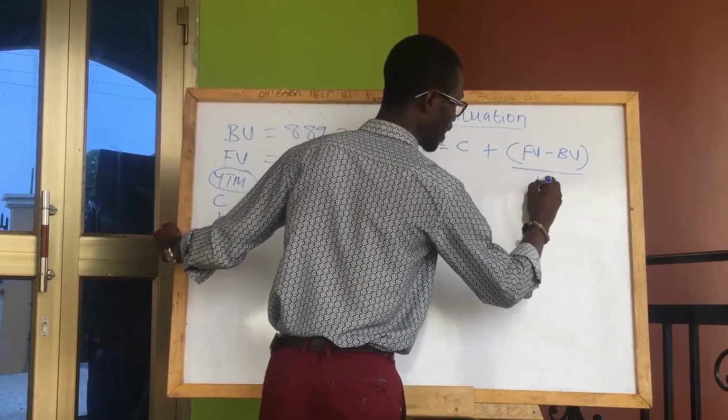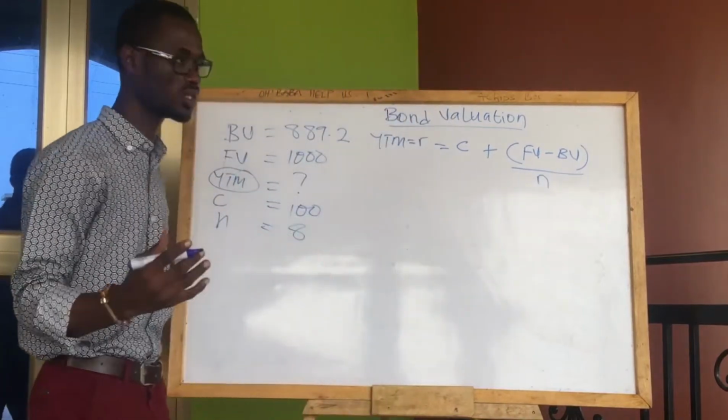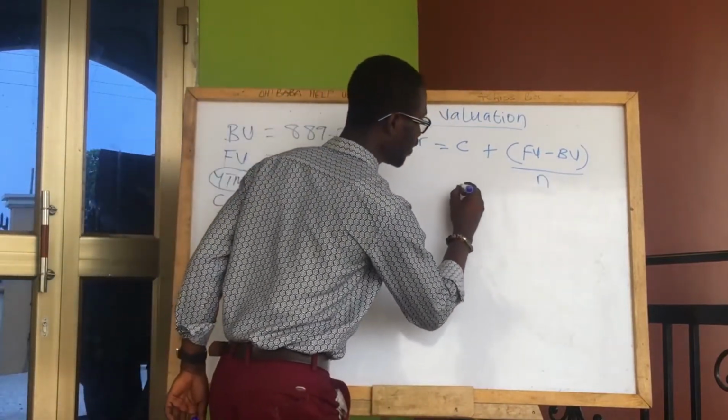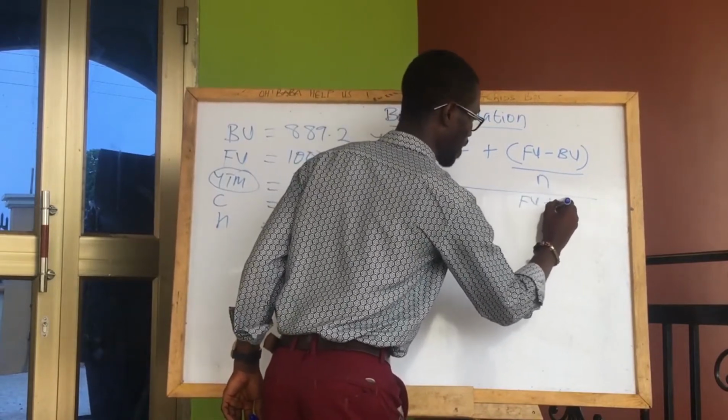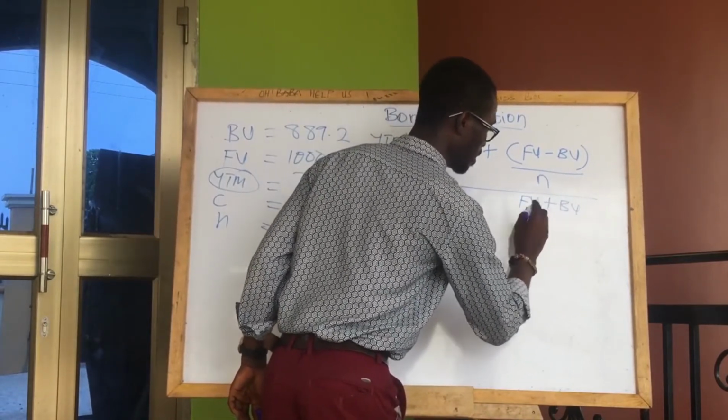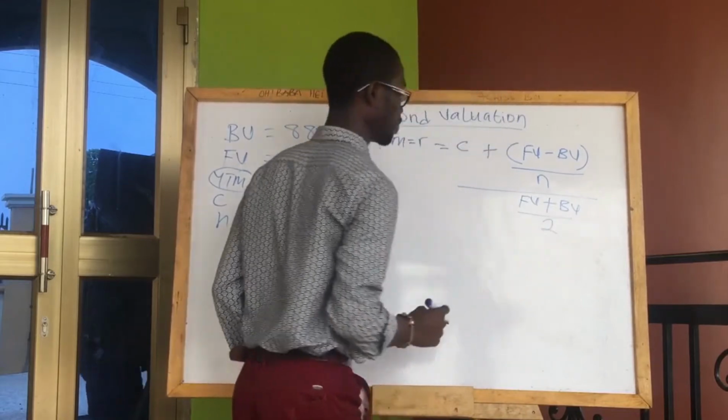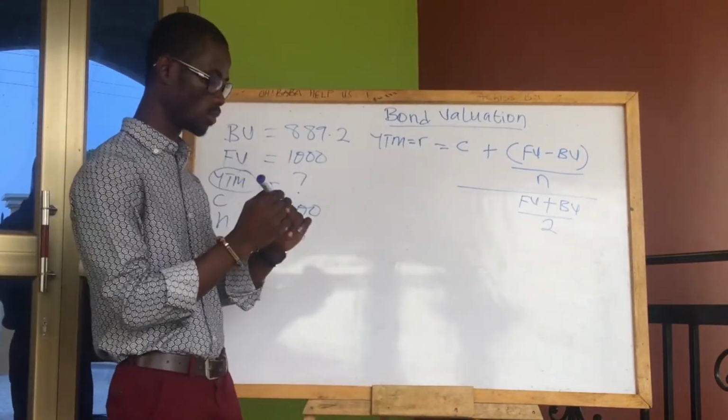This divided by the number of years, that is the maturity. Then you divide all this by face value plus the bond value, just this divided by 2. I hope you can see.